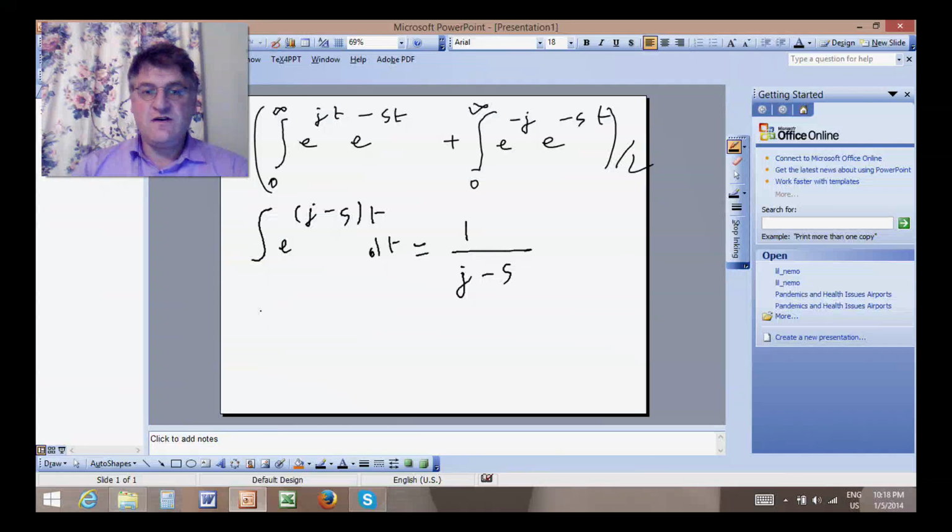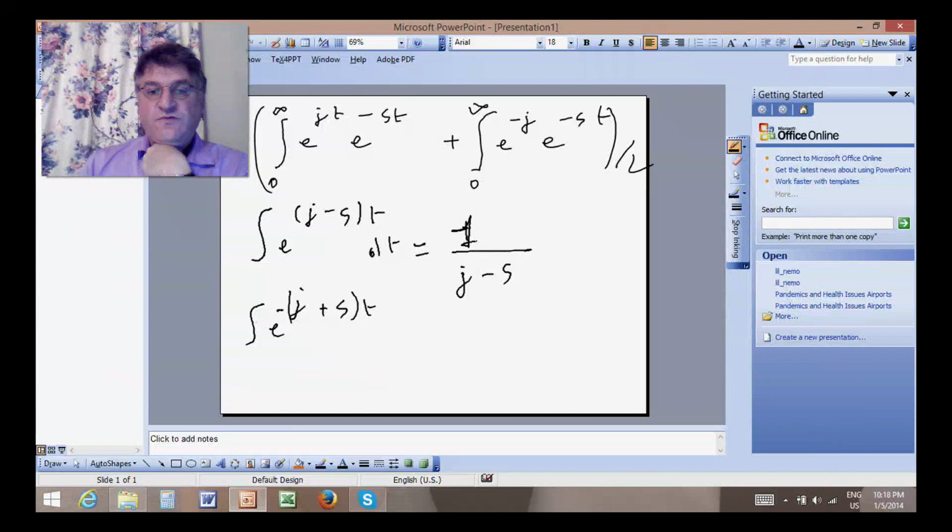Now here, the same expression yields e to the minus (j plus s)t, and that will be, let's see, oh, I forgot to put a minus 1 here.